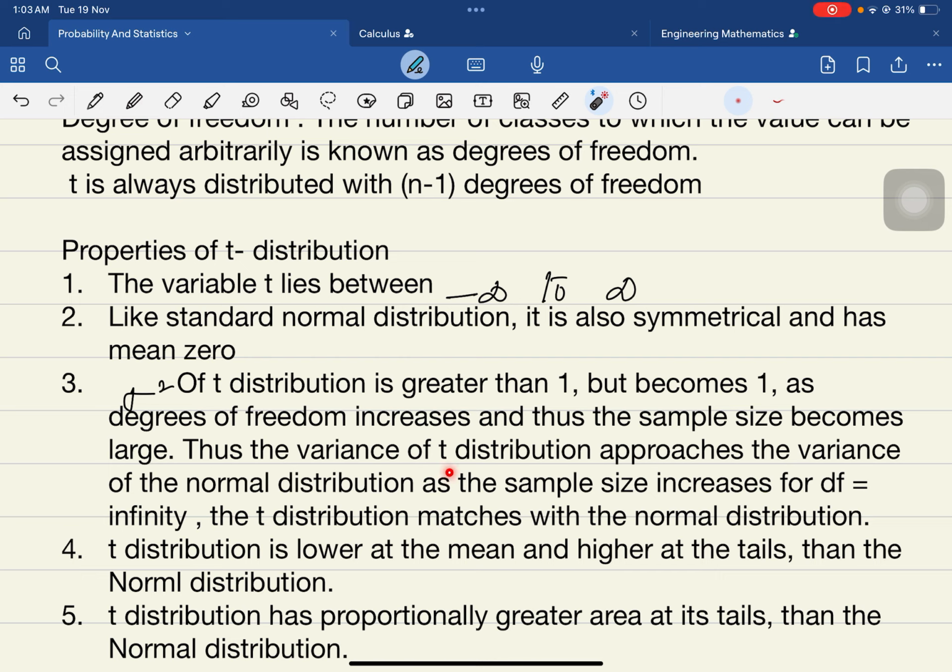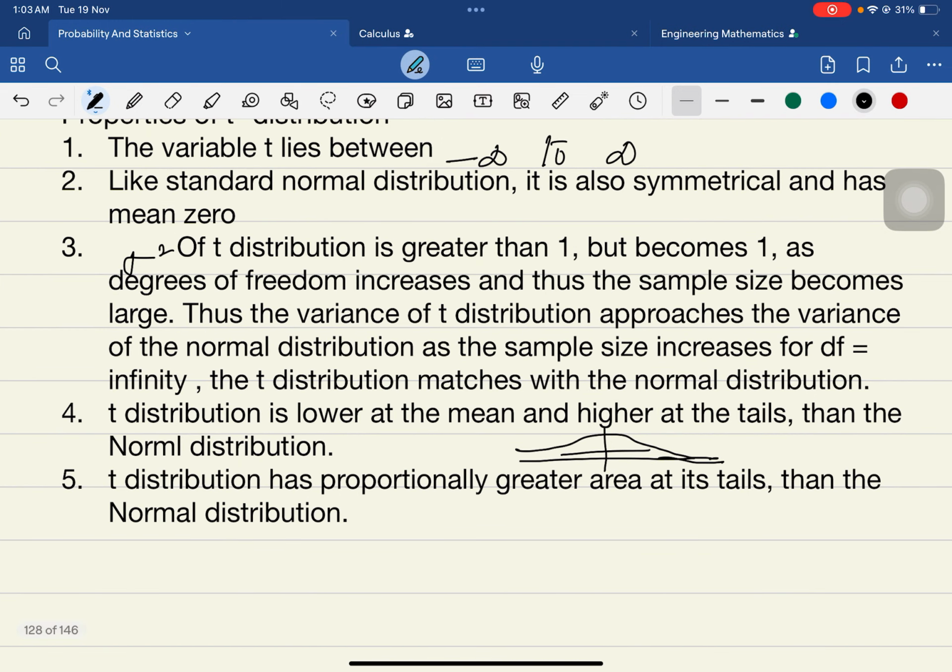So the variance of the t distribution approaches the variance of the normal distribution as the sample size increases, and the t distribution is lower at the mean and higher at the tails than the normal distribution. That means the t distribution has proportionally greater area at its tails than the normal distribution.